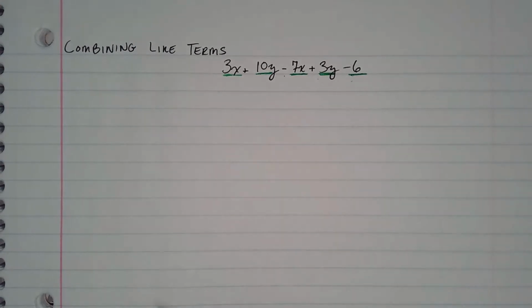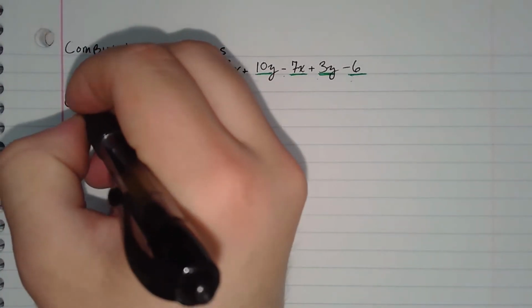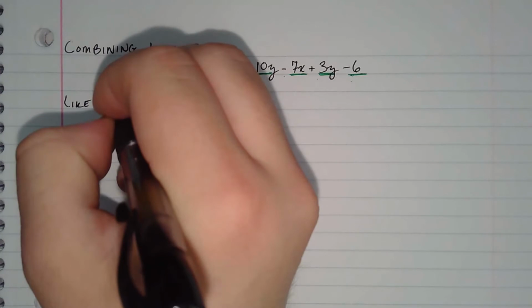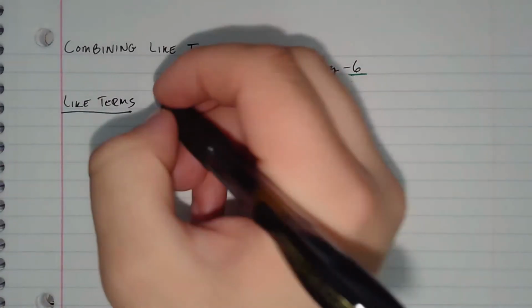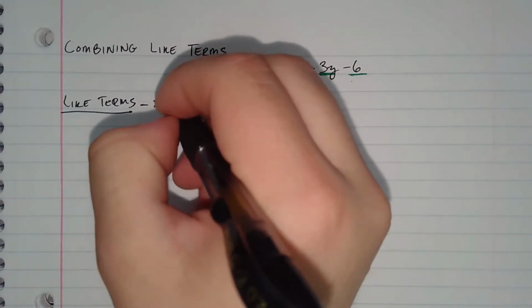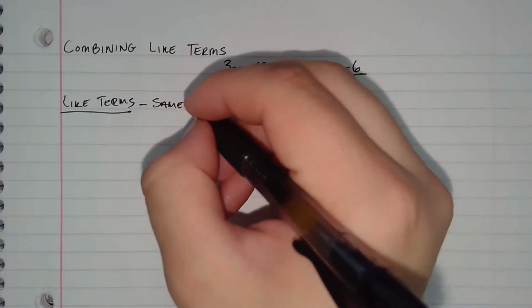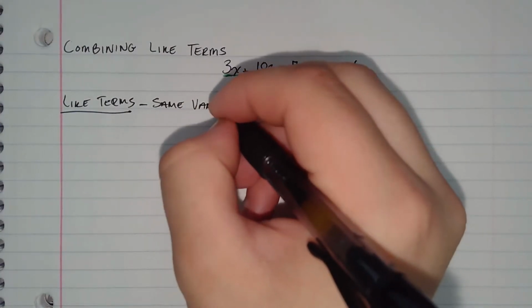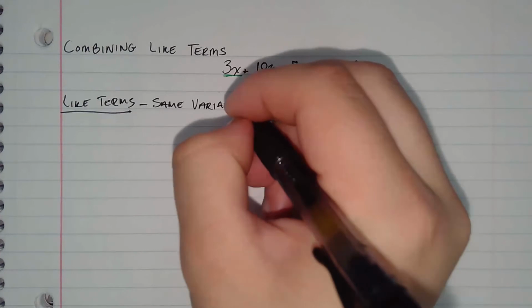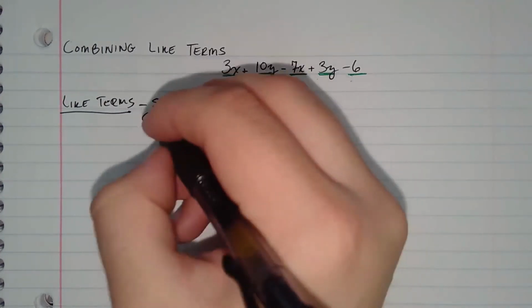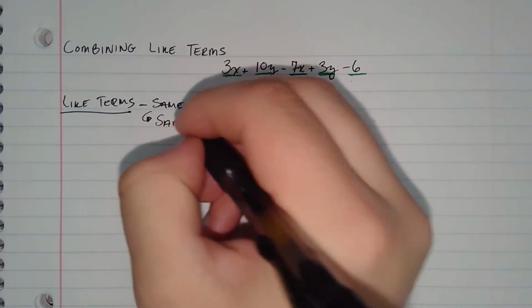Now, like terms, in order for two things to be like terms, they have to have the same variable or variables. And those same variables have to have the same power.